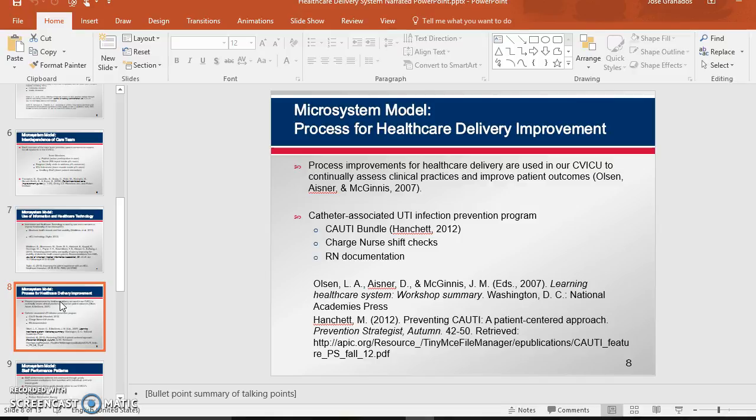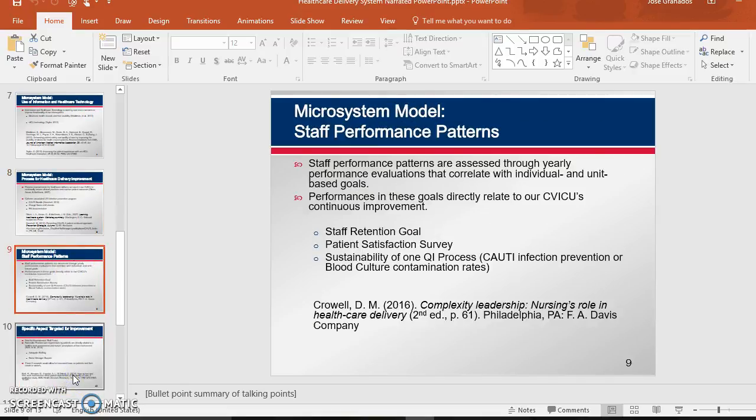Also, the charge nurse does daily safety checks and shift checks, and along with those is assessing for the CAUTI bundle as part of their daily routine. Lastly, nurses document the CAUTI bundle as part of their assessments.